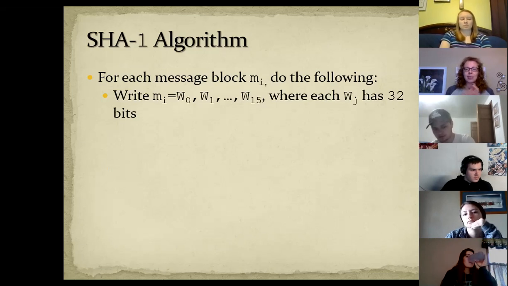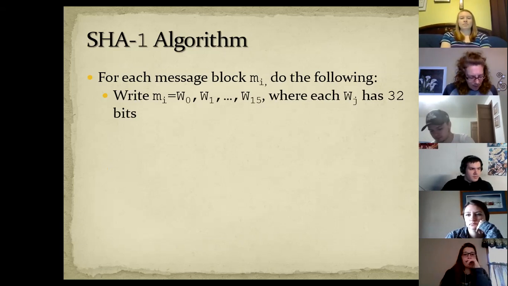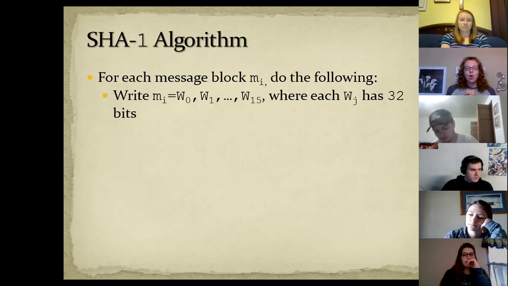That makes sense because we said we were going to divide the message up into 512-bit blocks. Also, if each of those has 32 bits, when you divide by 4, they have 8 hexadecimal characters, right? 4 bits to 1 hexadecimal character. So we are writing this message as a sequence of 16 blocks, each with 32 bits or 8 hexadecimal characters.